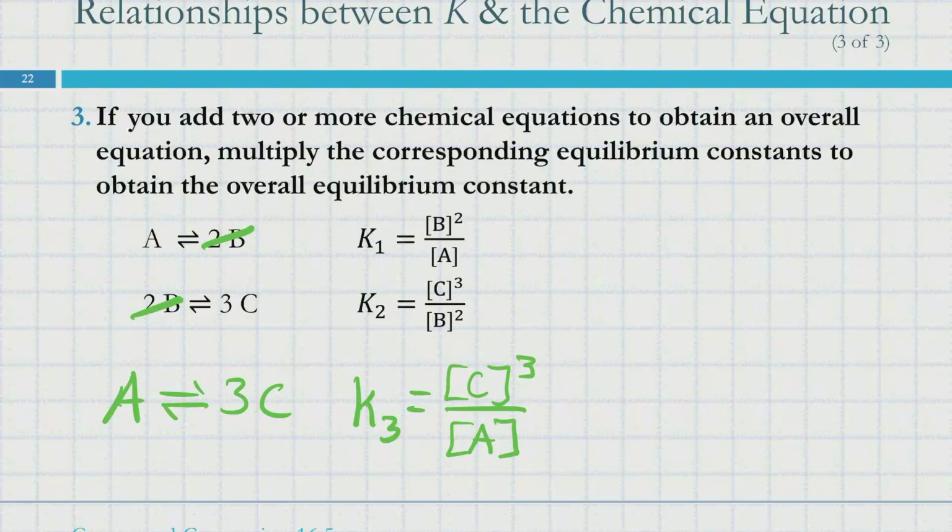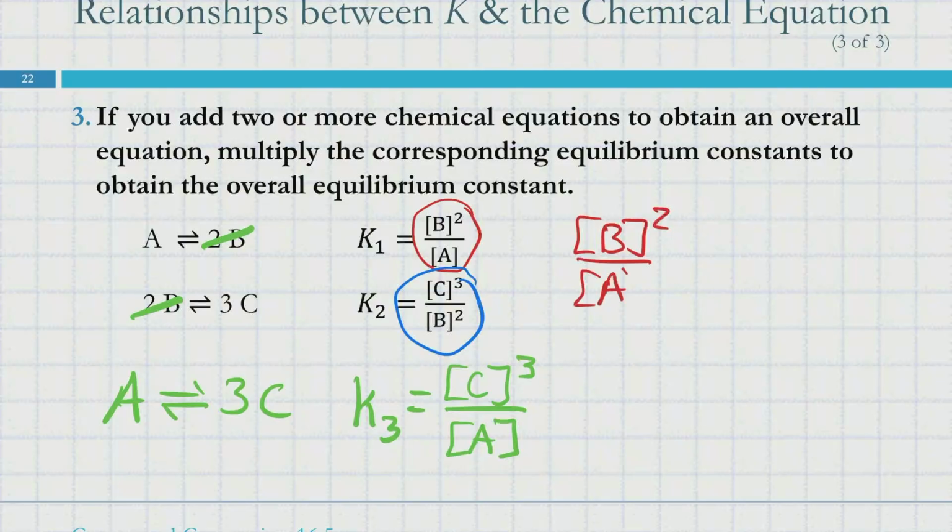If we take a look at K1 and K2, my older brother and me, if we multiply those together, concentration of B squared over concentration of A times concentration of C cubed over the concentration of B squared.